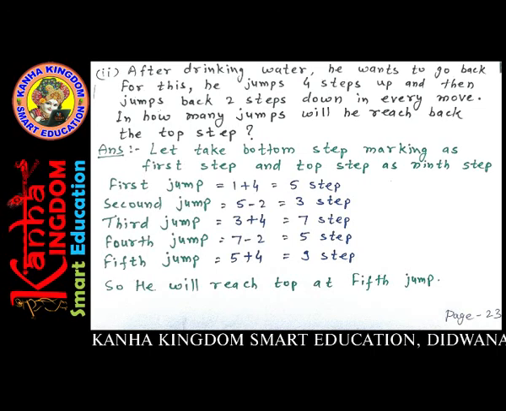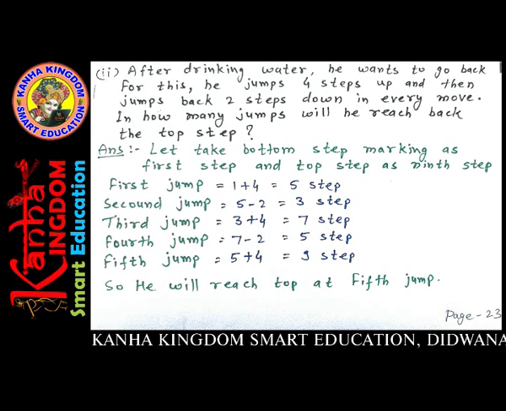Second question. After drinking water, he wants to go back. For this, he jumps 4 steps up and then jumps back 2 steps down in every move. In how many jumps will he reach back the top step?